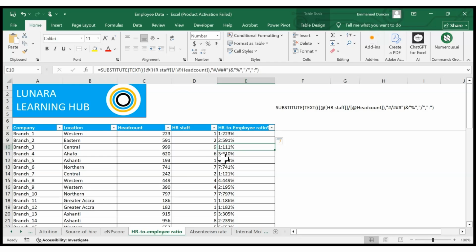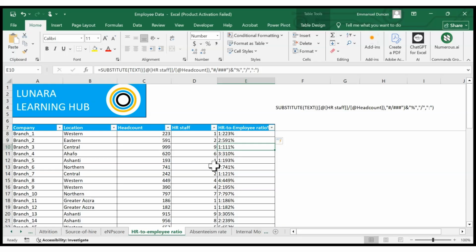So we have 3 employees is to 310, meaning the 3 employees are handling 310 employees. Each employee is handling 110 employees.